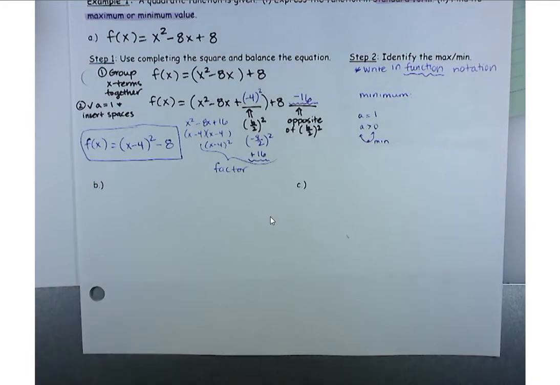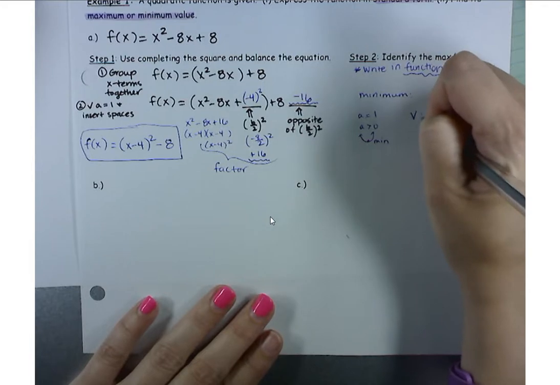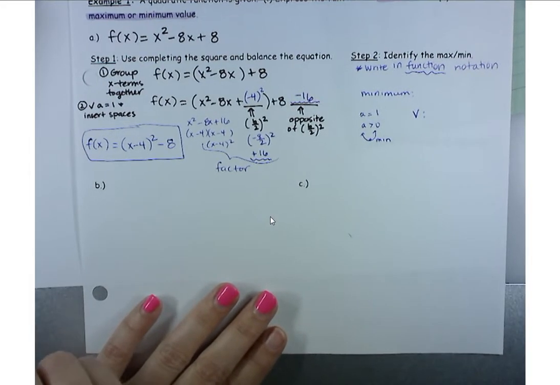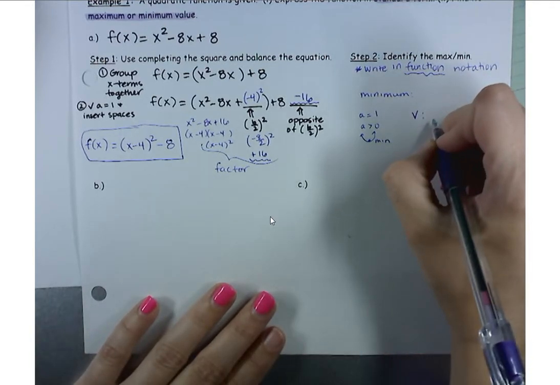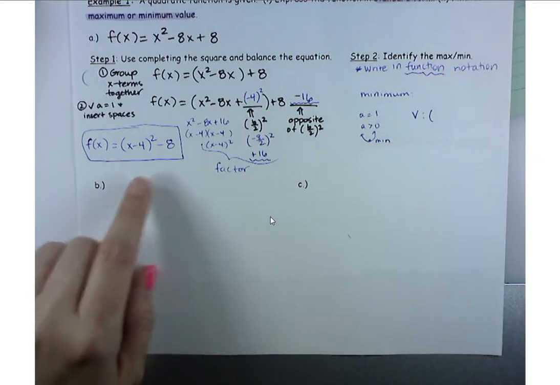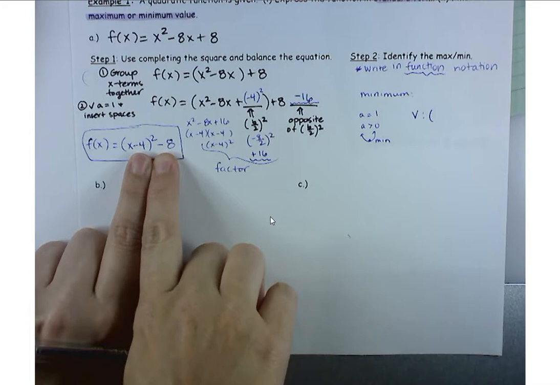When you're writing this in function notation, it might also help if you could identify the vertex. Shawan, could you tell me what the vertex is? Remember you have your H and then your K. 4, -8.